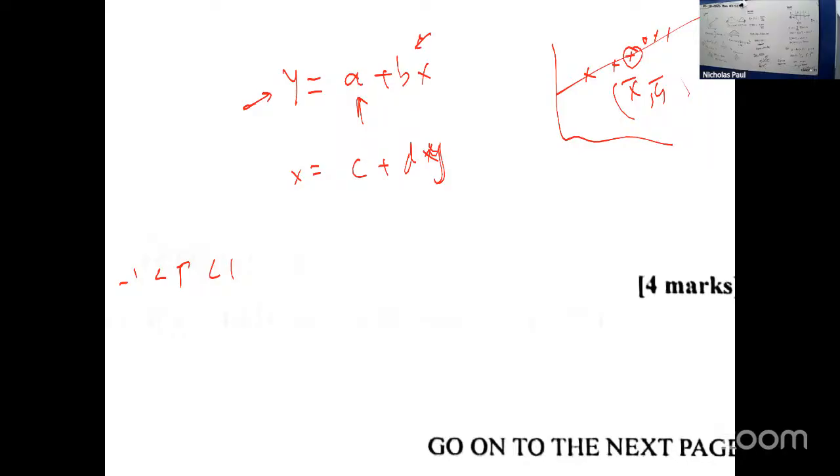If your value is like 0.1, what would you say? A weak positive correlation, right? If your value is like 0.75, what would you say? Yeah, you can still say strong. Suppose it's like 0.64.